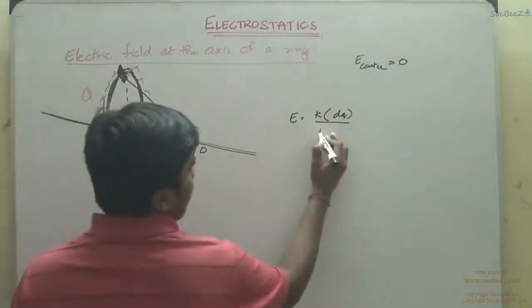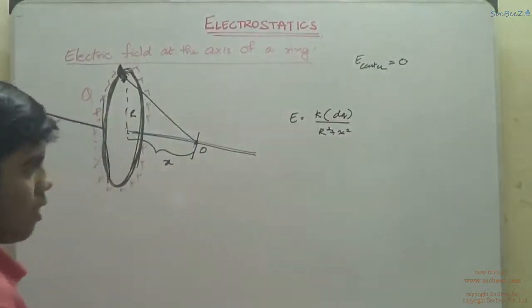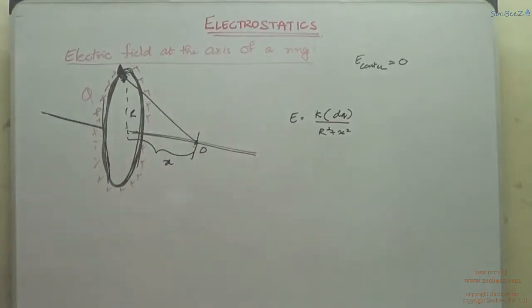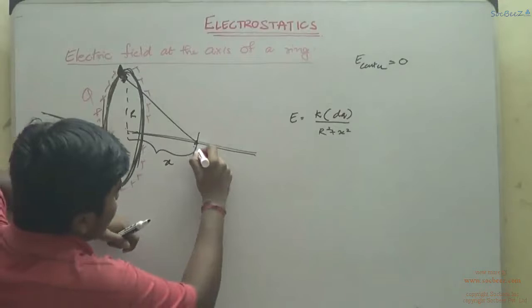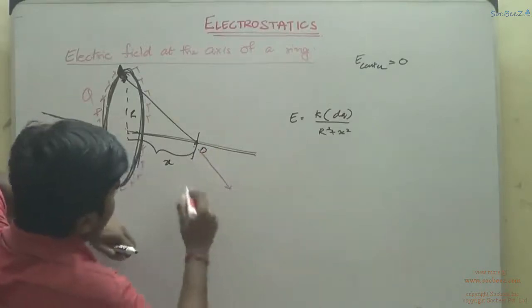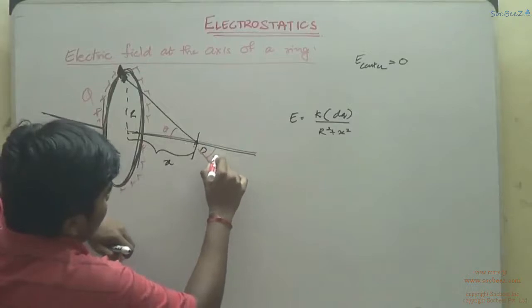Now distance square is r square plus x square, right? Now we have found out the distance also. Now the direction will be in this way, right? So if this is theta, this angle would be theta.